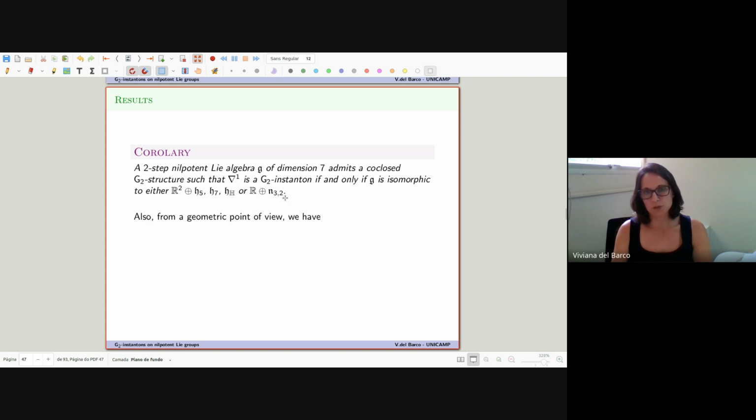This N32 is the free two-step nilpotent algebra on 3 generators.